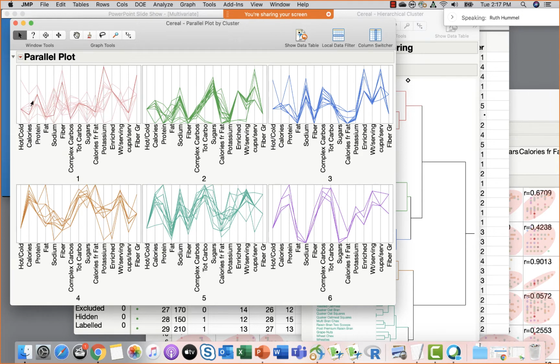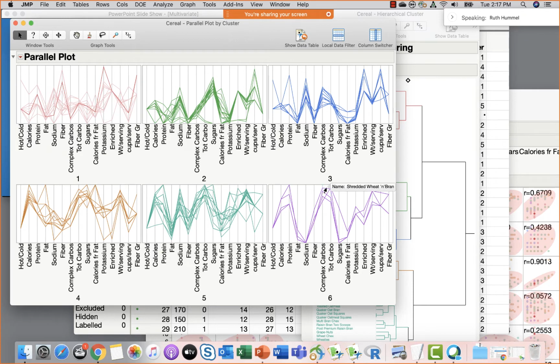So I can watch the trend across all of our variables for each individual cereal and for the trends in general for the different clusters. So to identify my 6 different clusters here, I can see that maybe cluster 6 is low fat and low sodium, but high on complex carbohydrates and total carbohydrates, low on sugar. So this is low on fat, sodium, and sugar, but high on complex carbohydrates.